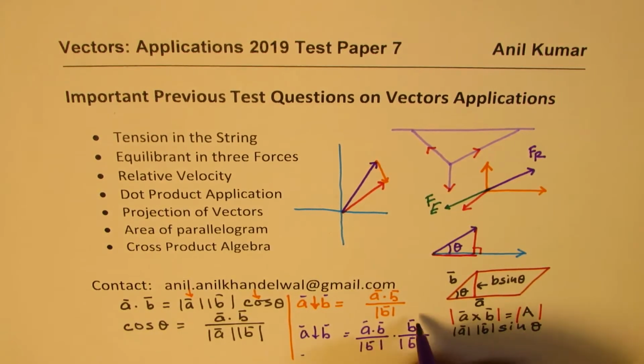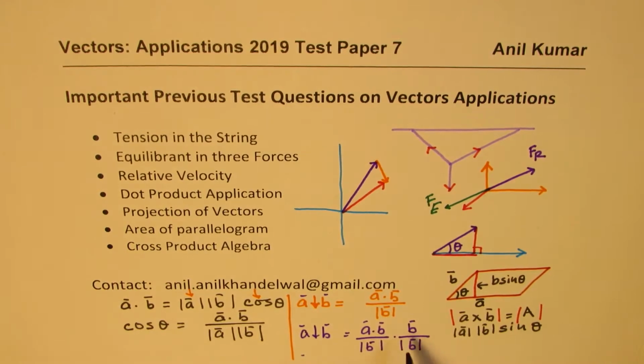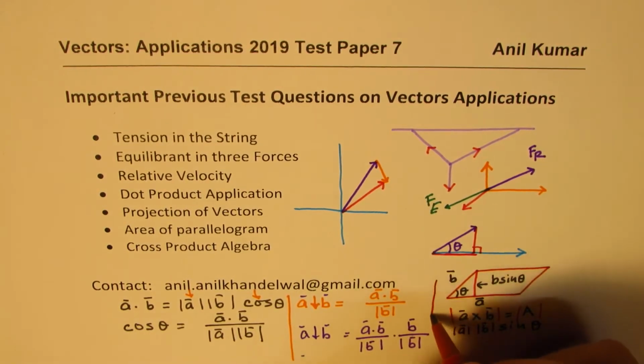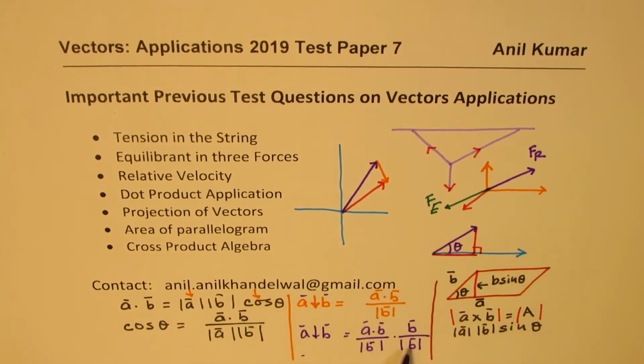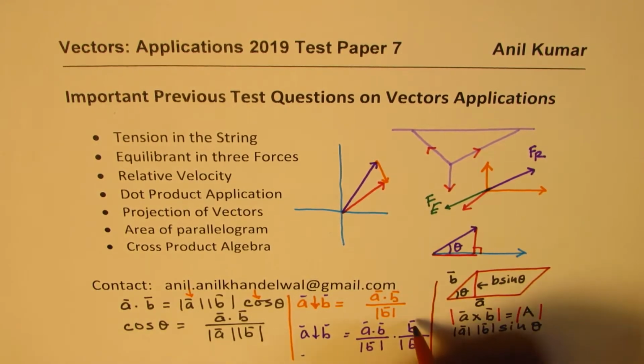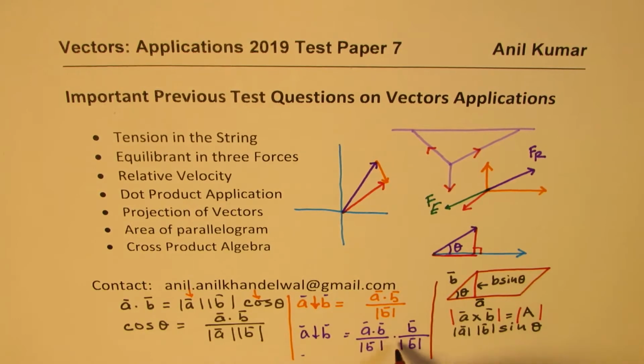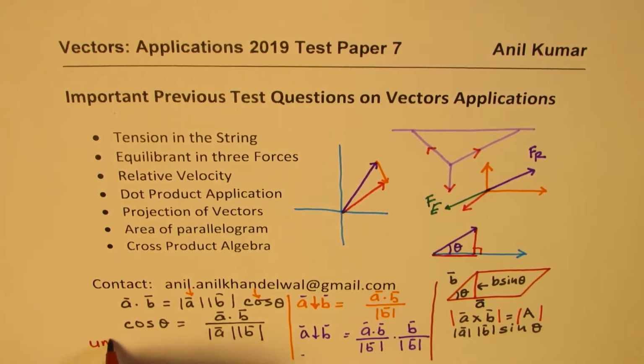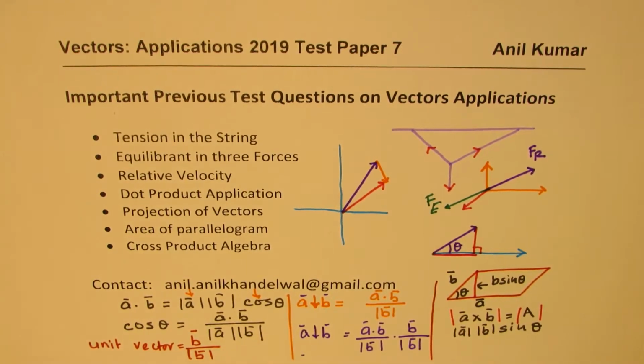So that becomes the vector projection. As soon as you multiply by a unit vector in the direction, once you find the scalar projection, you can find the vector projection by multiplying by this, which is basically a unit vector. So let me write unit vector. In this case it will be the vector B divided by the magnitude of vector B, right? So that becomes the unit vector.